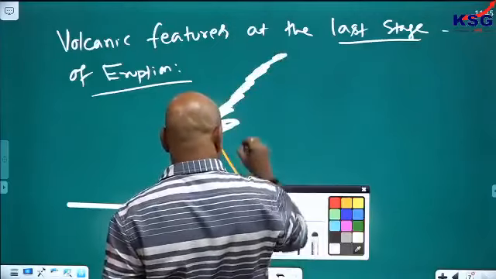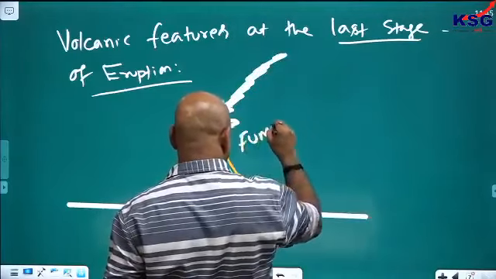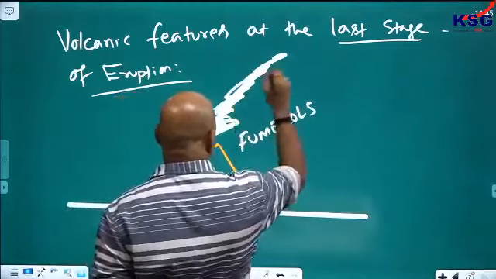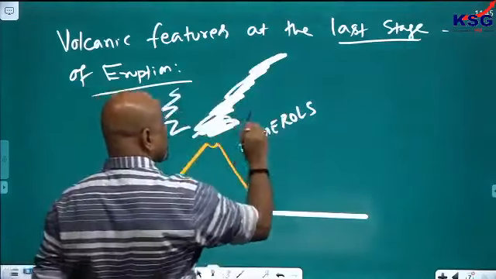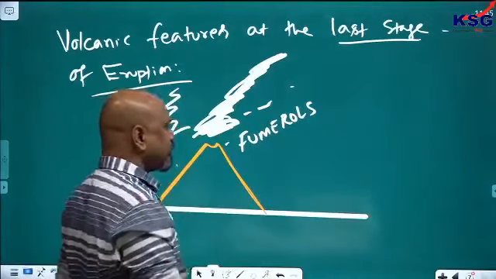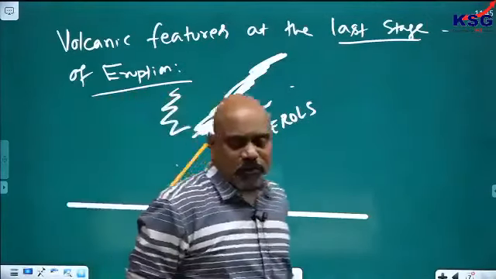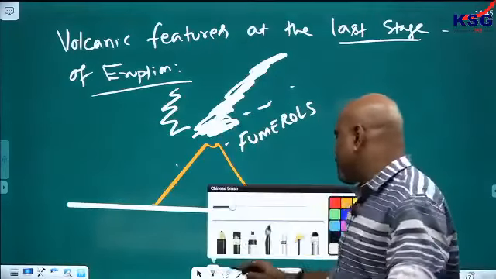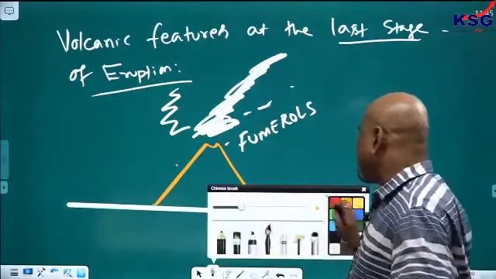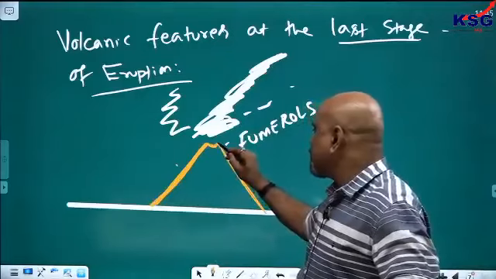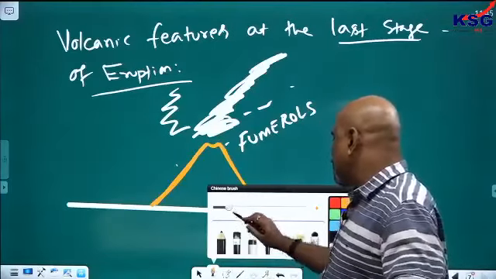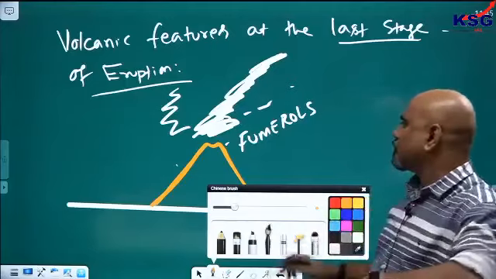These are known as fumaroles, volcanic gases, fumes only. While the volcanic eruption ceases subsequently, before that mostly they are associated with this type of activity. Okay, fumaroles. These fumaroles are of different kinds, of course.